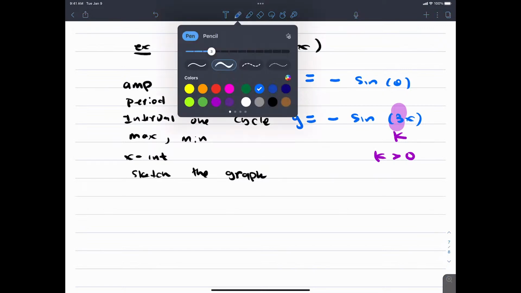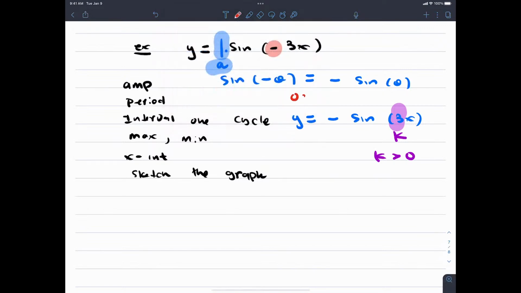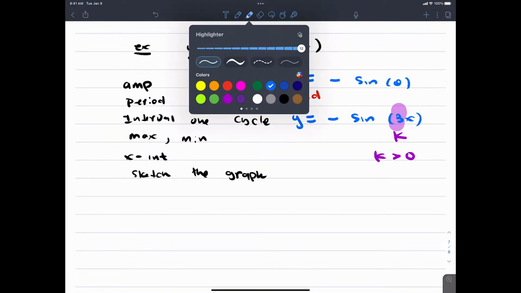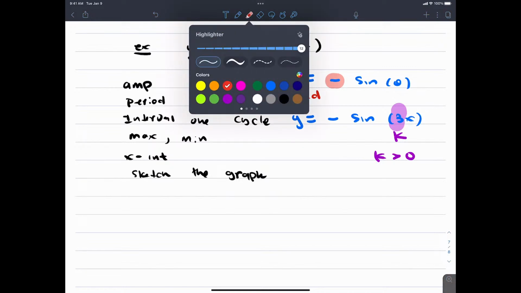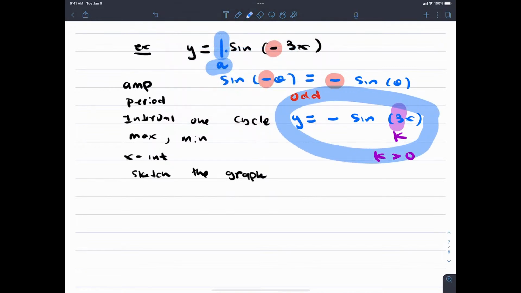They want you to remember sine is an odd function, so you can pull out that negative sign. Cosine is not, but sine is. You get to pull that out. So this is really about graphing this function here. Okay, so you guys okay with that one?